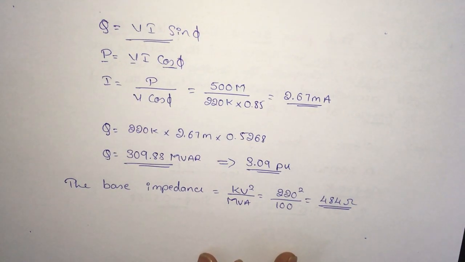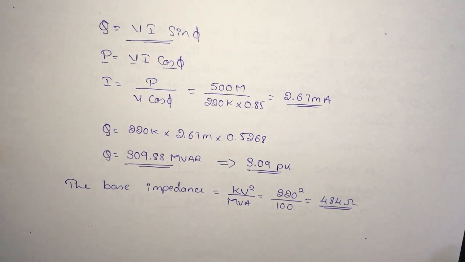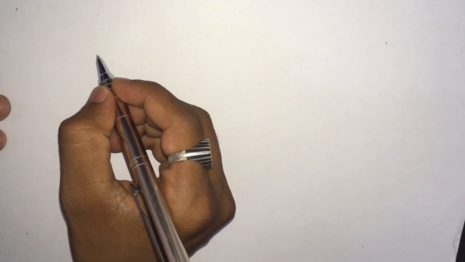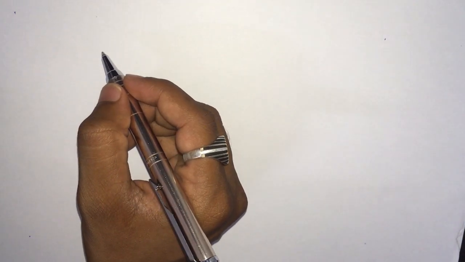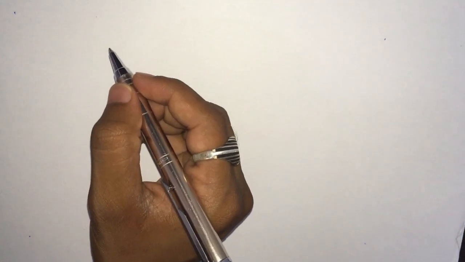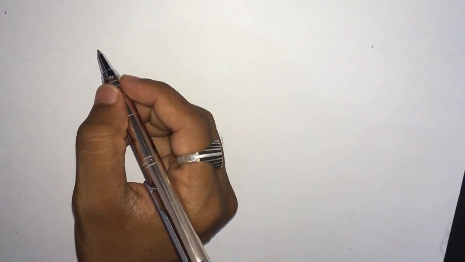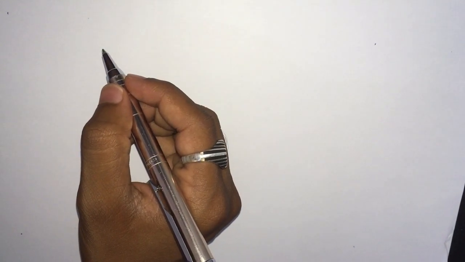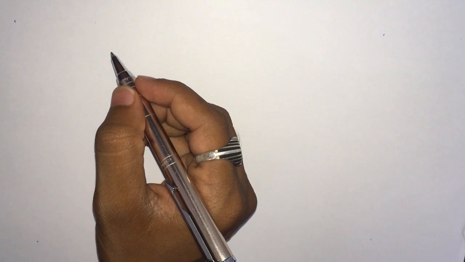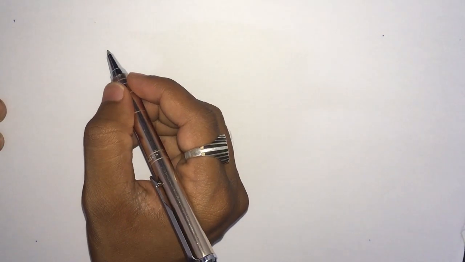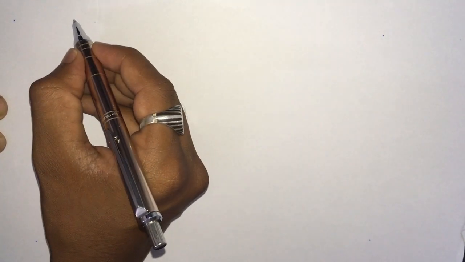Since we got the base impedance value, now we are going to find the per unit value of resistance and reactance. Since we know the resistance per kilometer value, we will find the resistance and reactance for the whole 200 kilometer length.